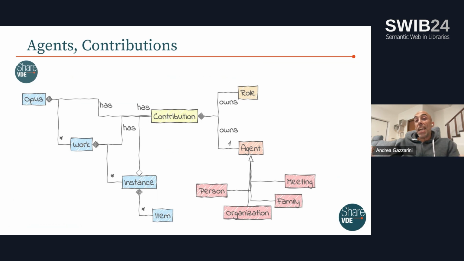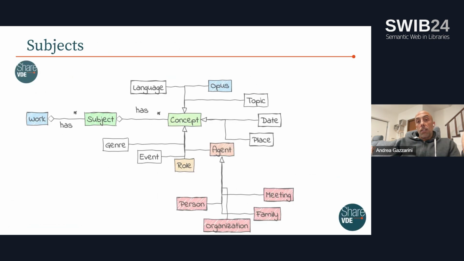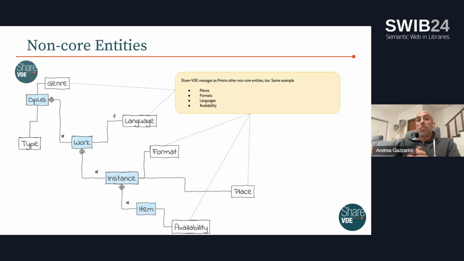For example, the agent part is very similar to the BIBFRAME model. And we have subjects and what we call non-core entities like languages, genre, types, formats, places, availability, and so on. All of these are managed as entities.